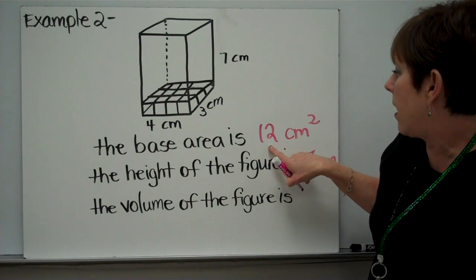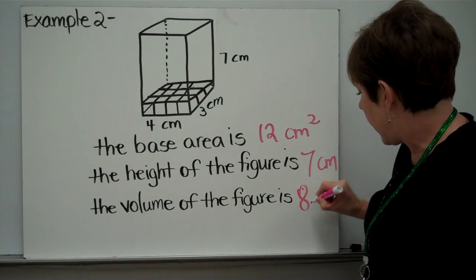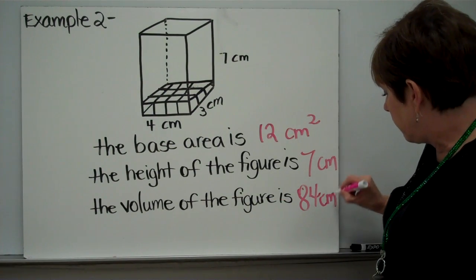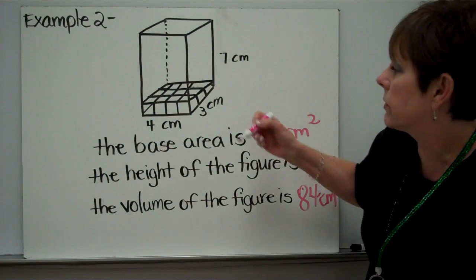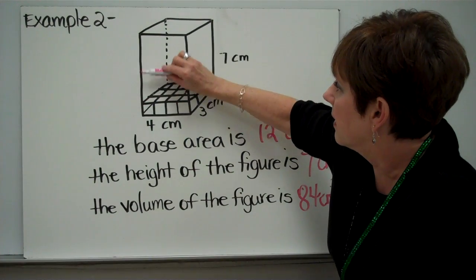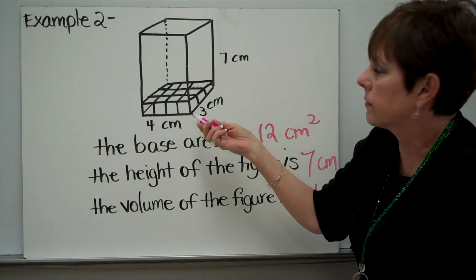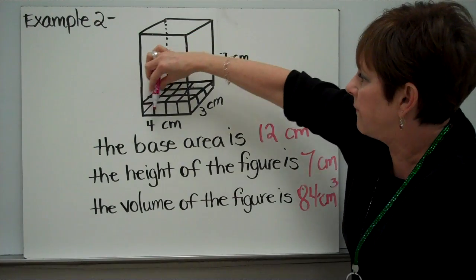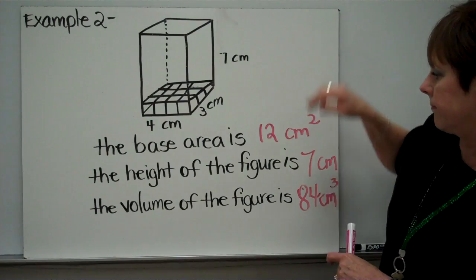So that would be 12 times 7, which is 84. And since it's volume, we would put the centimeters and the little exponent of 3 to show that it's cubic centimeters. This would be if you were to see 7 layers of centimeter squares or cubes. 3 for the width, and then 7 going up this way, and 4 across because the length is 4.